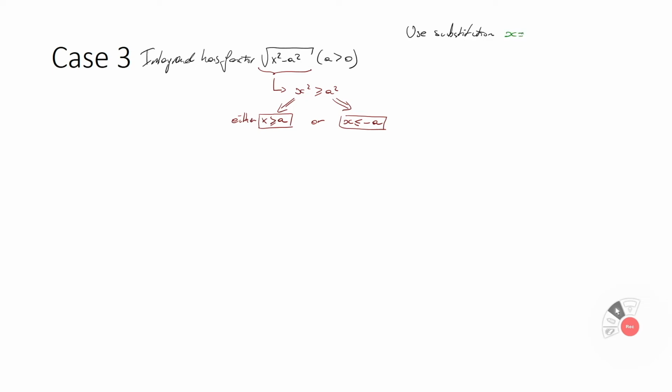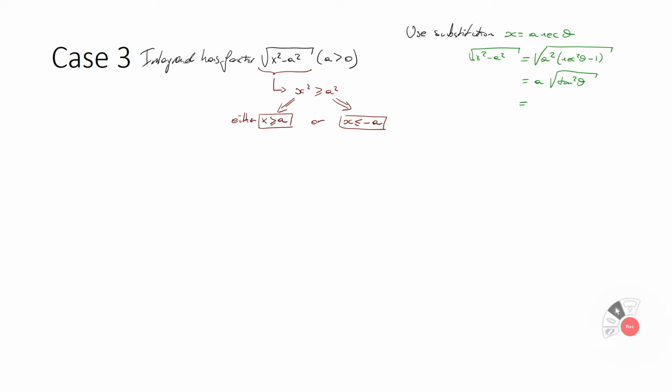We'll put x equal to a times the secant of theta, and then square root of x squared minus a squared becomes square root of a squared times secant squared minus 1, and that simplifies to a times square root of tan squared theta, and square root of square, that cancels, but you have to be a bit careful.